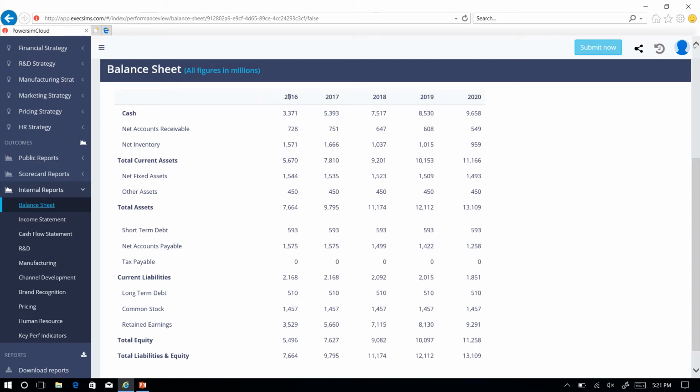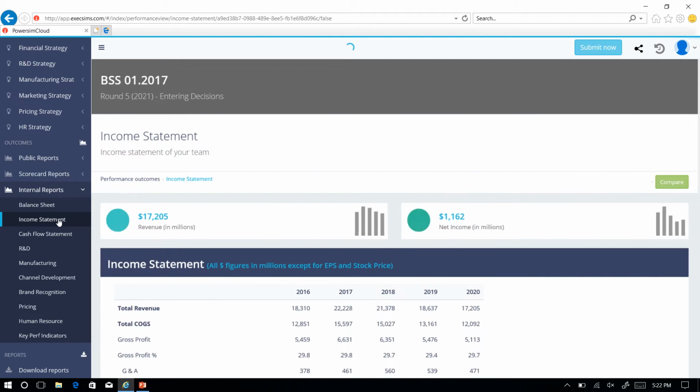So we have balance sheet for 2016, 17, 18, 19, and 20. And it shows the same things as before that we saw in the public reports, which is the assets, the liabilities, and the equity.